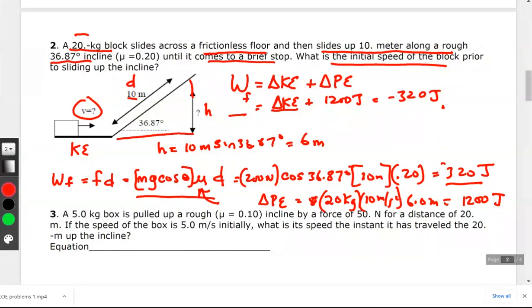We subtract 1200 from both sides. And we get negative 320 minus 1200. So the change in kinetic energy turns out to be negative 1520 joules.